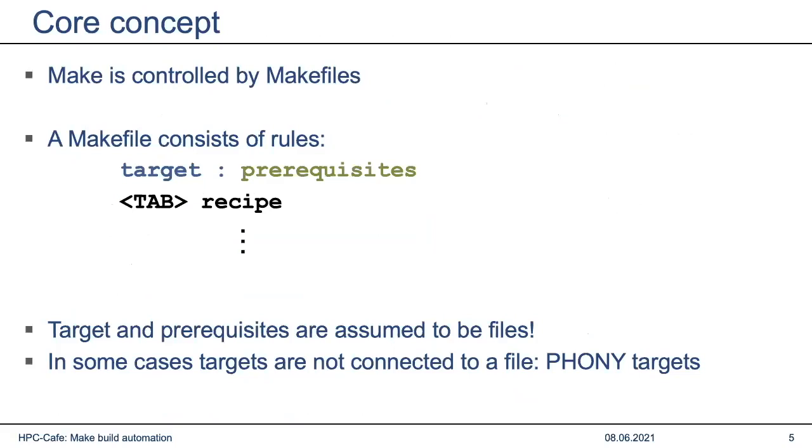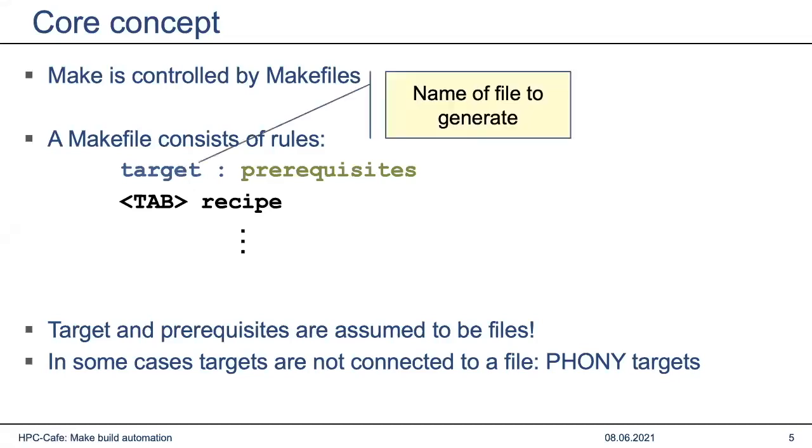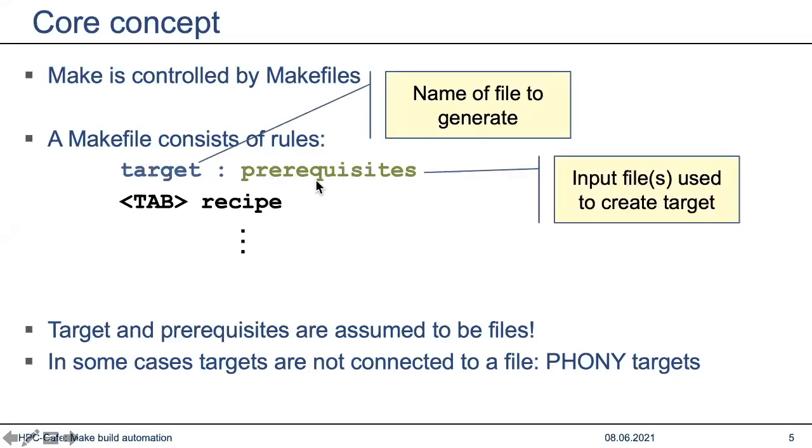A rule is a target, then a colon, and prerequisites. Targets can be multiple, but usually it's one. And very important, the core idea behind this is that the target is a file to be generated. Prerequisites are the input files that are used to create this target.